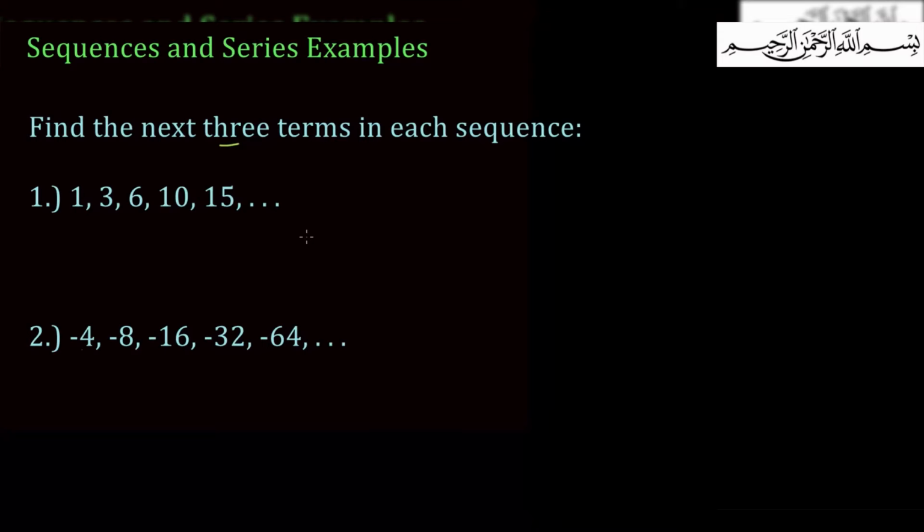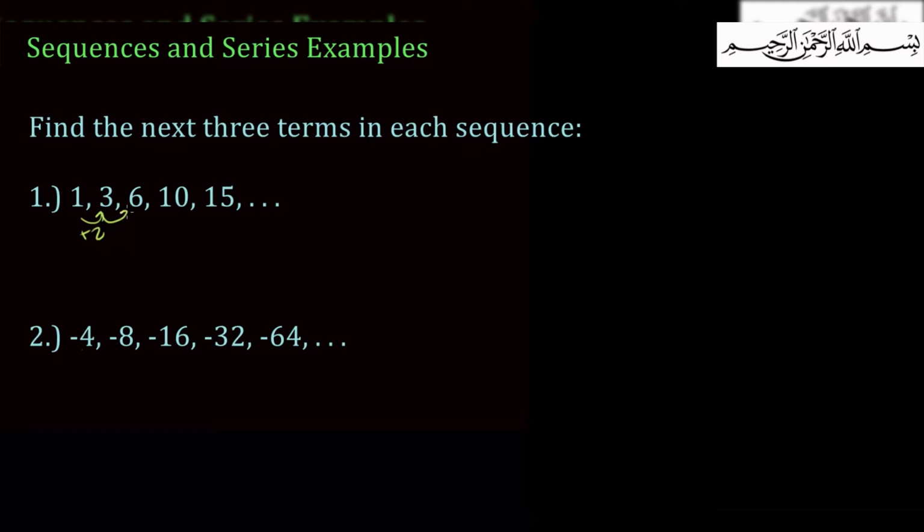They're just a listing of the first few terms in this sequence, and we're supposed to figure out the pattern so that we can generate the next three terms. You kind of have to play around with the numbers here. Maybe they're multiplying by 3, and if I multiply by 3 I should get 9. Okay, that doesn't seem to be the case. Maybe they're just adding 2 every single time.